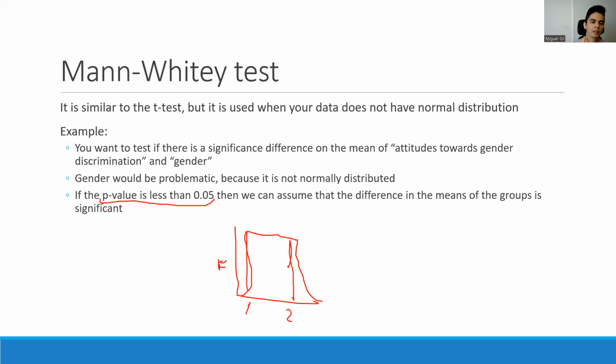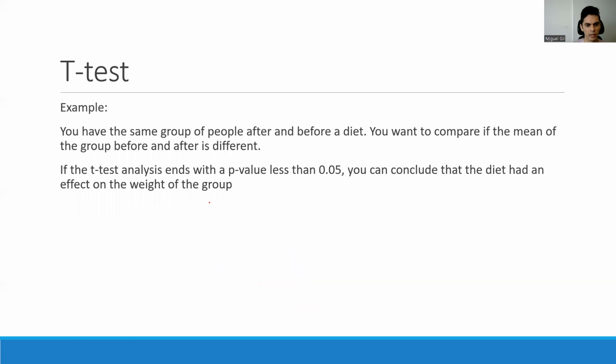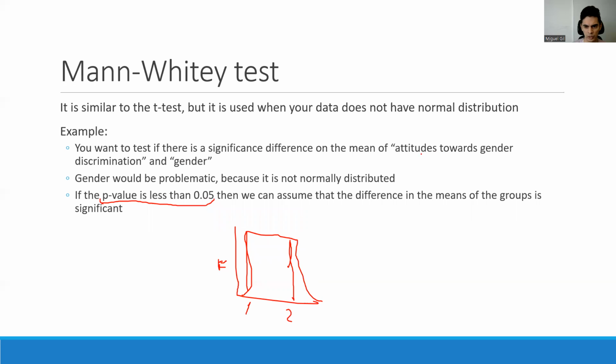So in the end, it's important that you understand how to interpret the Mann-Whitney test and when to use it. This is a great example of when you have a variable that is not scale, like gender, and you want to test if there is a difference between a scale variable, which is attitudes towards gender, and gender, a non-scale variable.